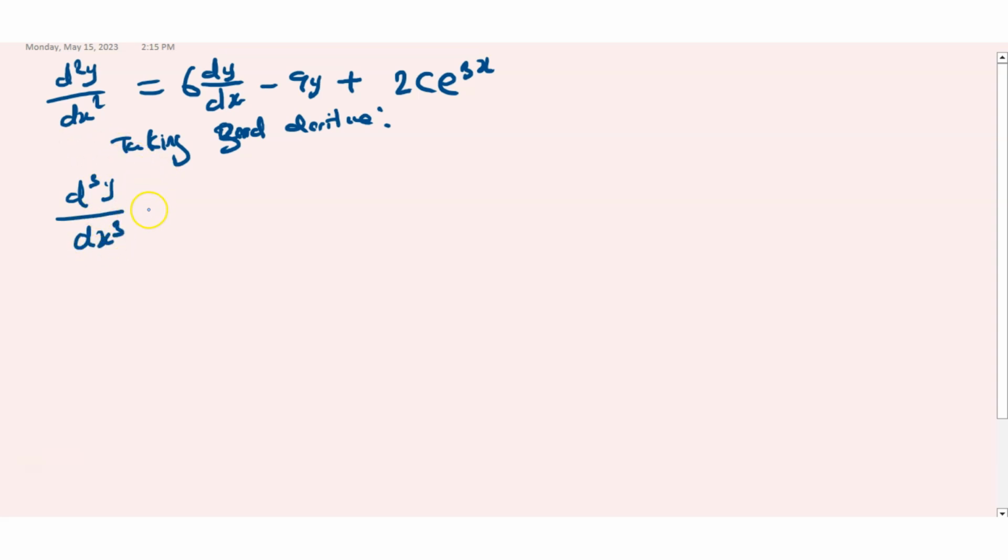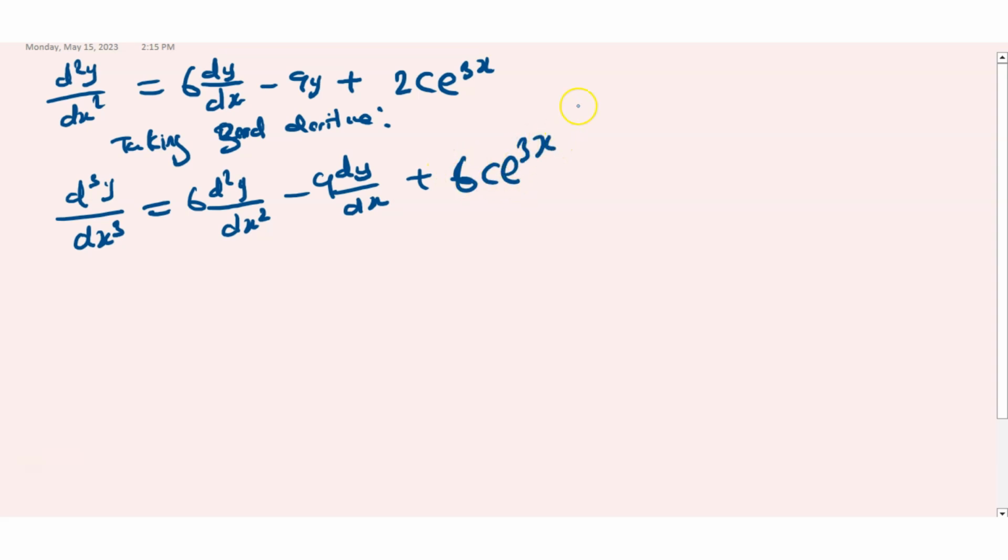Now what do we have next? This is equal to 6 d squared y over dx squared minus 9 dy dx, obviously. What about here? This will be plus 2 times 3, that is 6, so plus 6c e to the 3x.